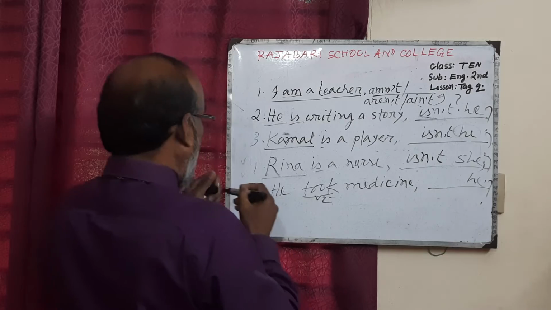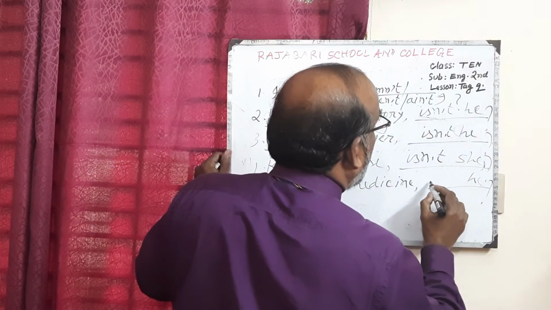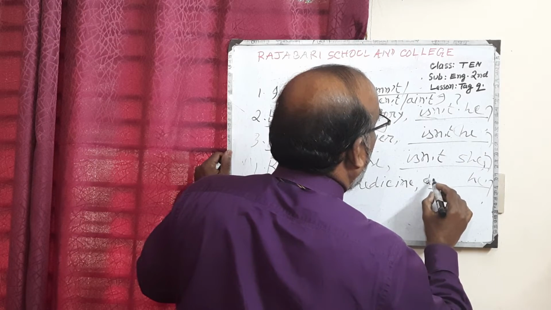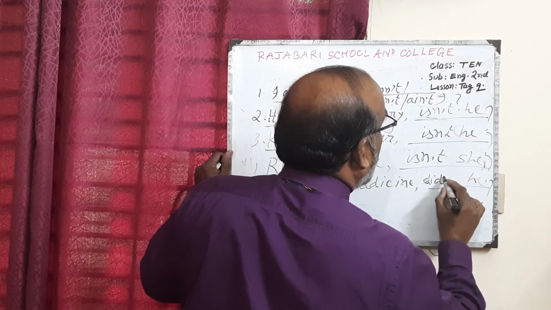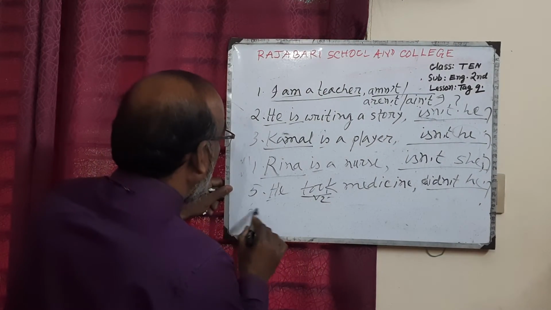This is why here you will use the auxiliary verb did. Here it will be didn't. Didn't he? This is how.